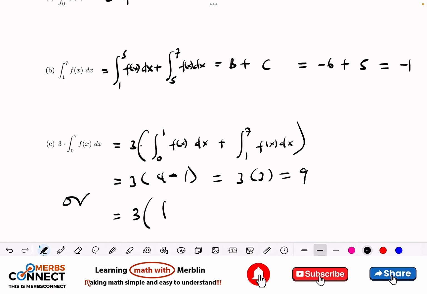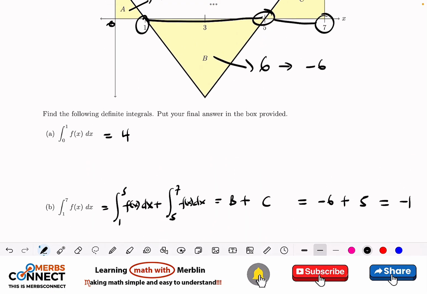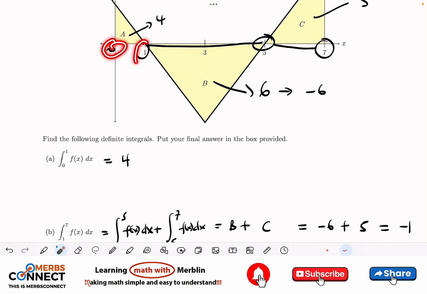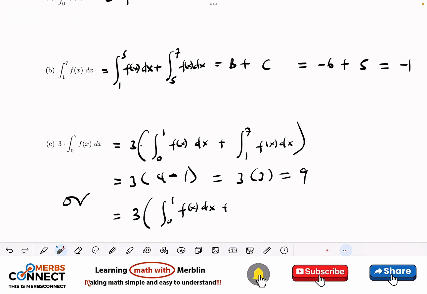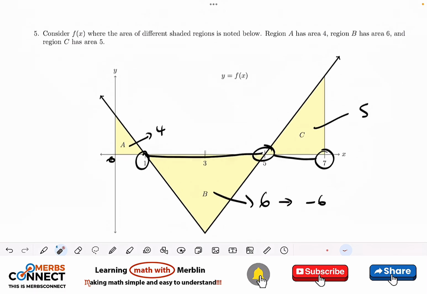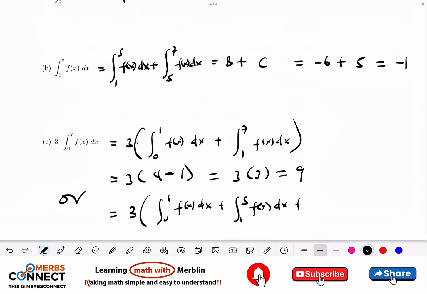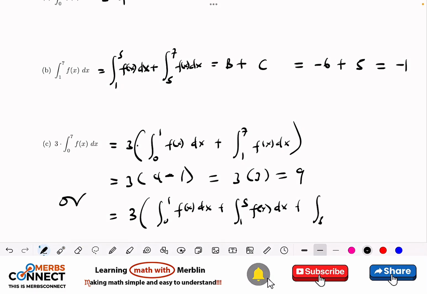Another way that I can do this is to split it from 0 to 1, f of x dx, plus from 1 to 5, f of x dx, plus from 5 to 7, f of x dx. You see that it is continuous: 0 to 1, 1 to 5, 5 to 7.